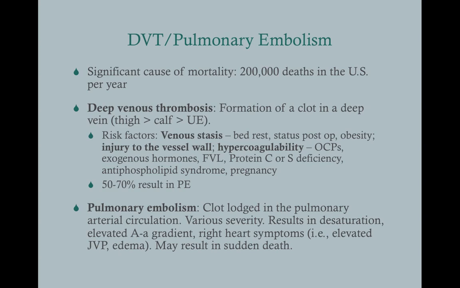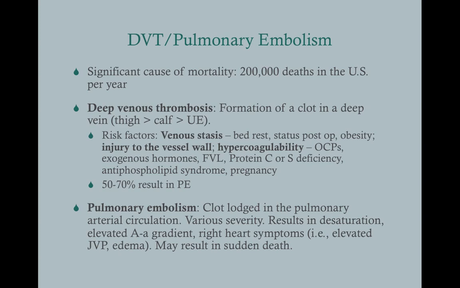So if a patient has any kind of hole between the right and left heart, the embolus can move from the right heart to the left heart, and that can actually move into the brain circulation and cause a stroke. So that would be similar to what you would see if a patient had atrial fibrillation, where you're getting an embolus from the left heart up into the brain circulation. So that's not common, but it can happen from deep vein thrombosis if the patient has one of those heart defects.